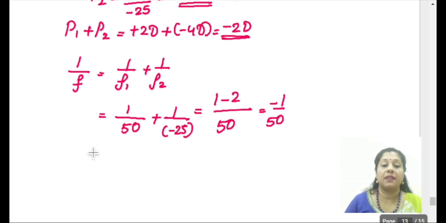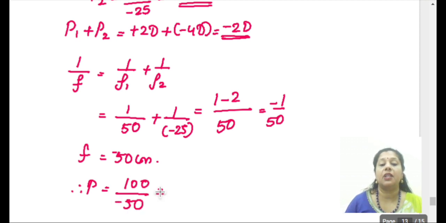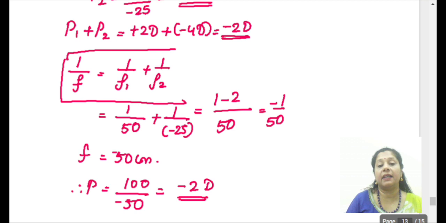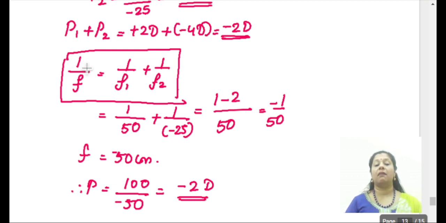So F is equal to minus 50 centimeter. Therefore power would be 100 by minus 50, so minus 2 diopter. So we got the same answer here. Either way you can find out, but the only thing is that net focal length can be found using the formula 1 by F is equal to 1 by F1 plus 1 by F2.